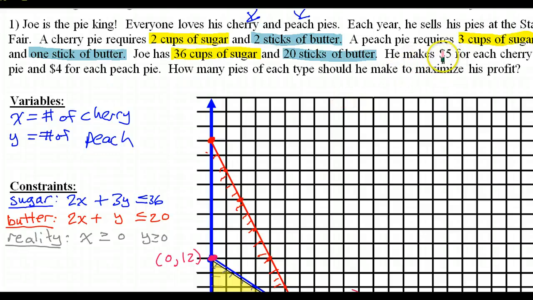Okay, he makes $5 for each cherry and $4 for each peach. All right, that's pure profit. So that's 5x plus 4y.